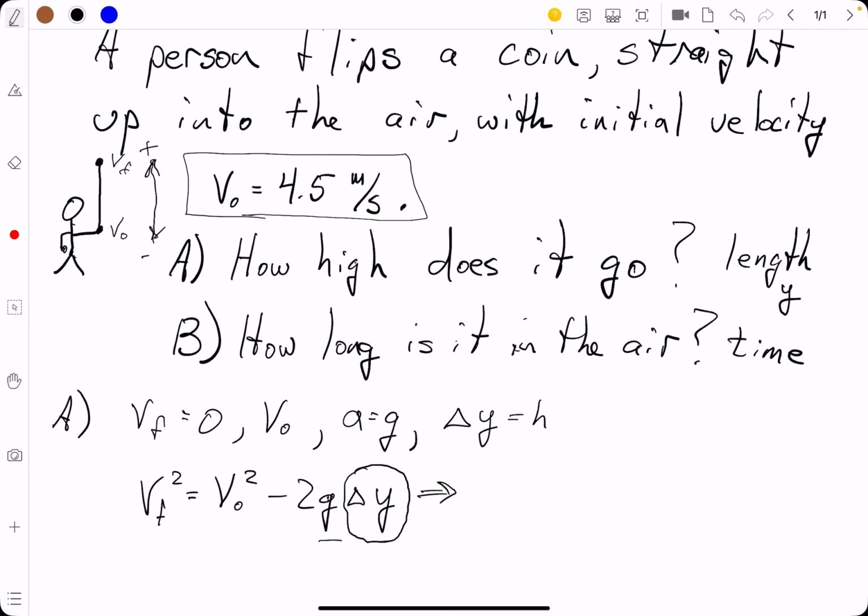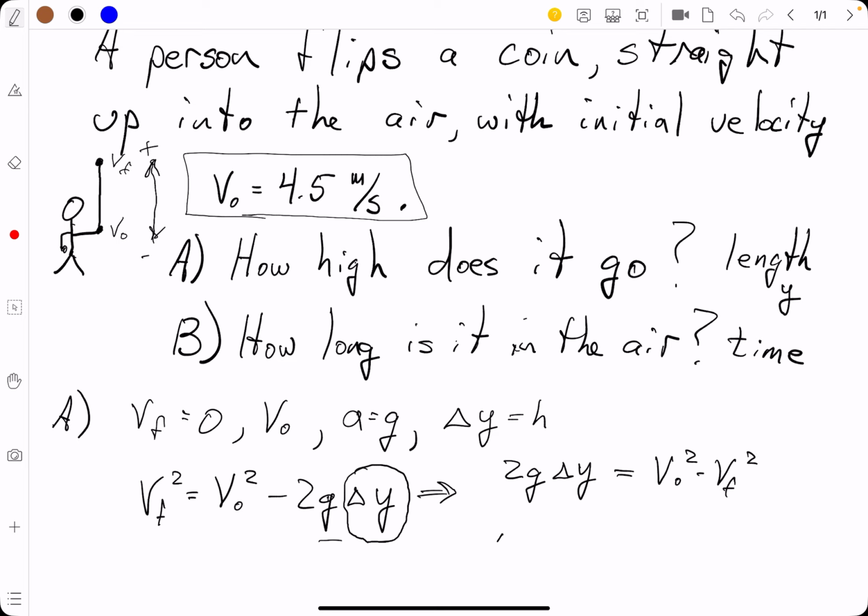I'll do a couple of steps. 2g delta y: I'm going to move the v final term with the v initial to the other side of the equation.